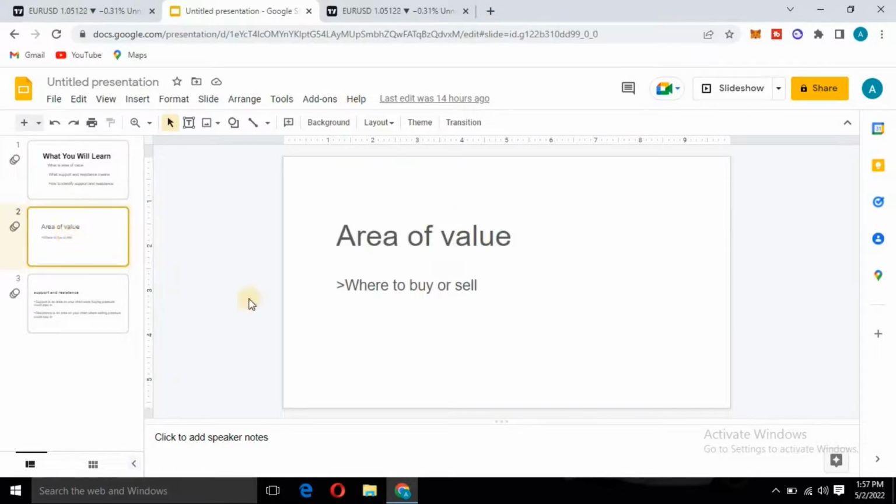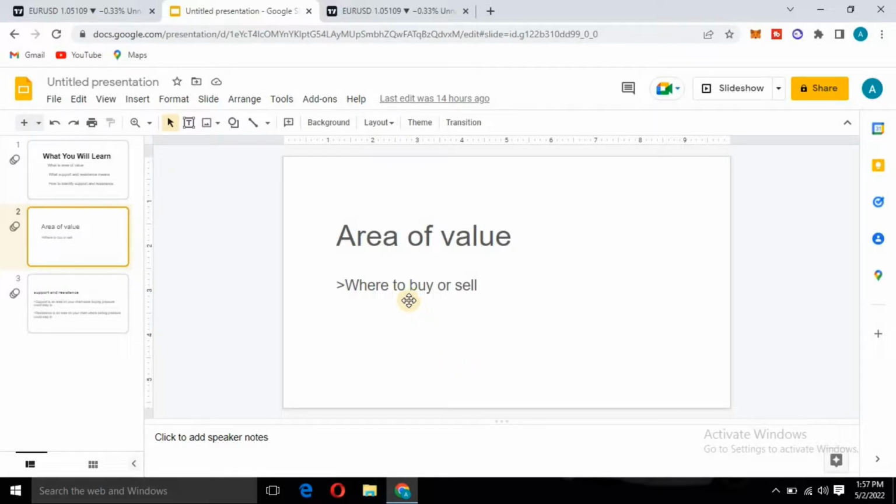Area of value is where to buy or sell. After you must have identified market structure, the next thing you should have in mind is where is the area of value out of this market structure that you just identified.